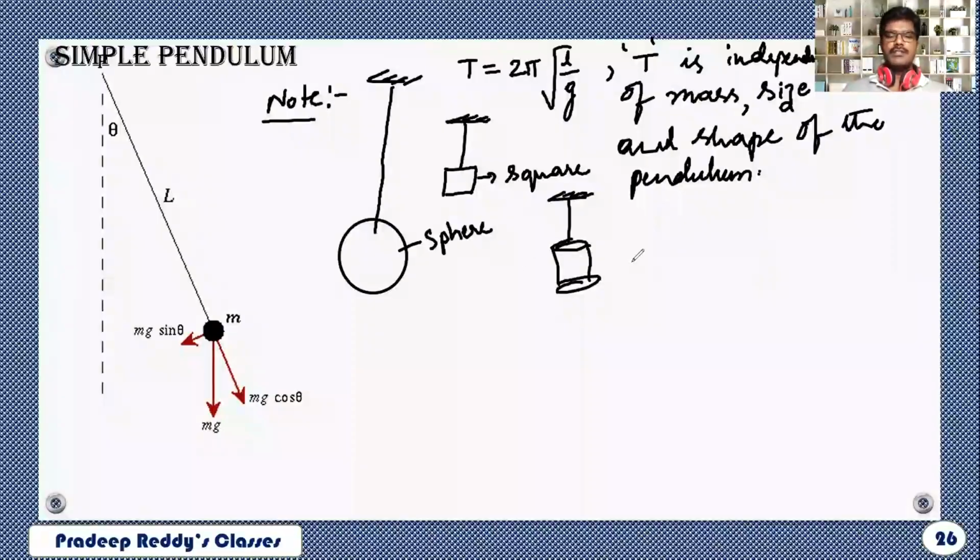So time period does not change with mass of the object, size of the object, shape of the object and also material. So it does not depend upon material also. Time period is independent of material of the bob.